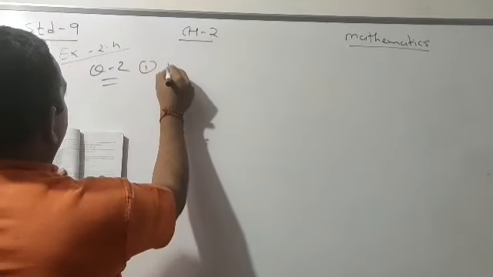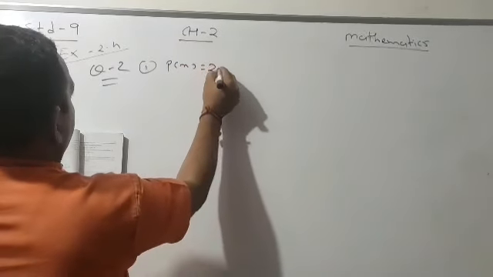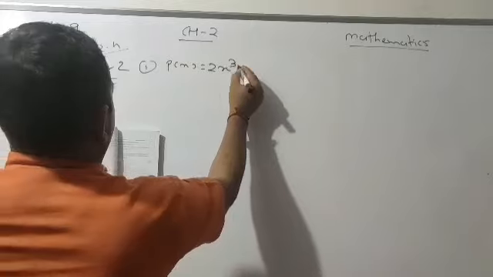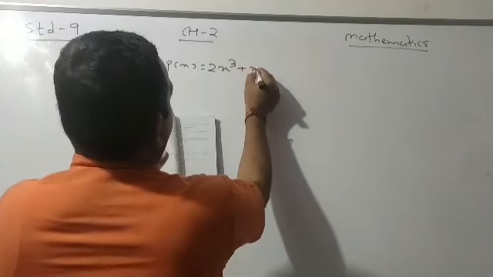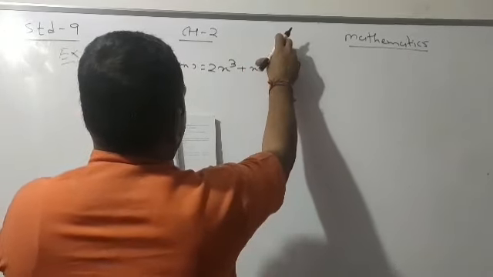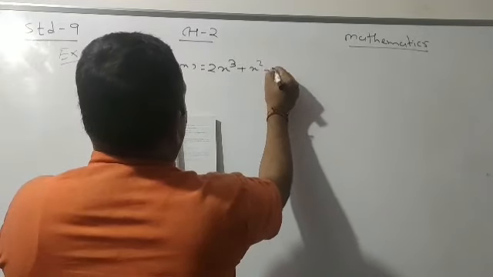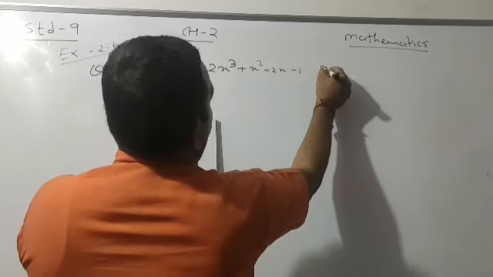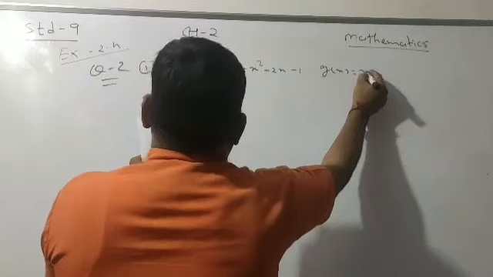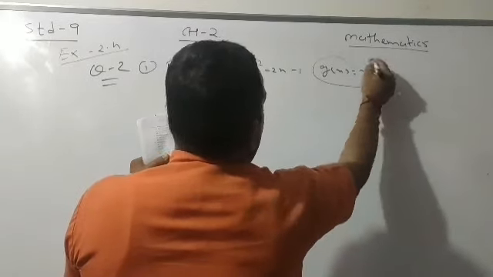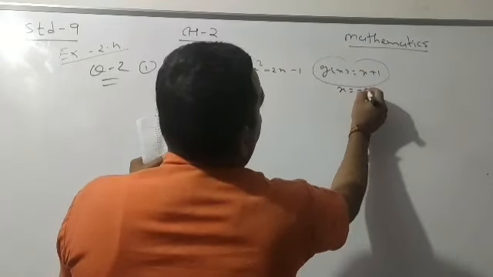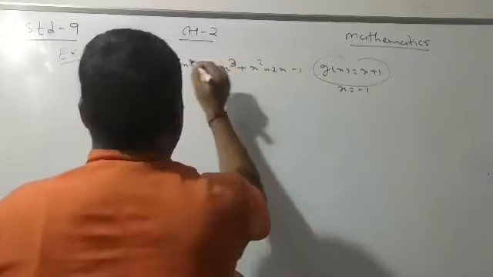First question, the first question, px is given 2 of x cube plus x square minus 2x minus 1 and gx is given x plus 1. As I told you, from this we can say that x equal to minus 1 and that we will substitute here.